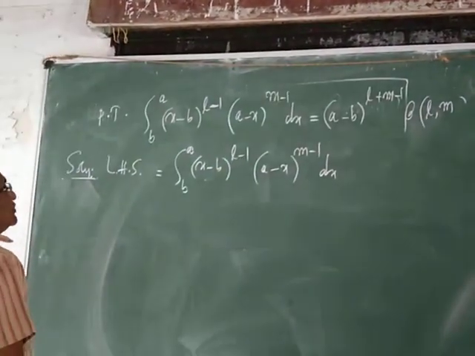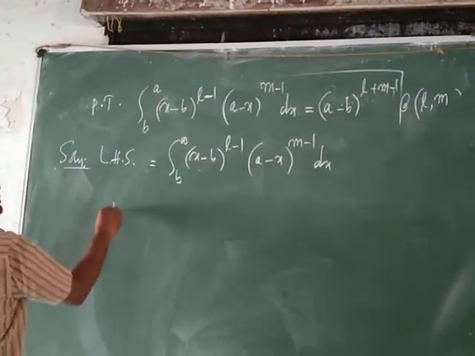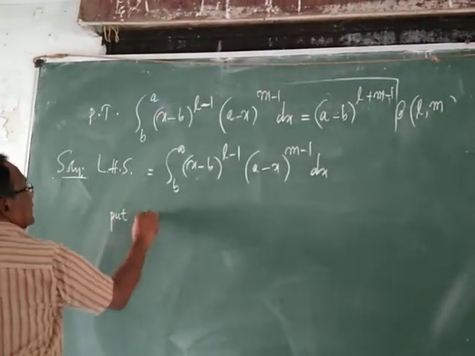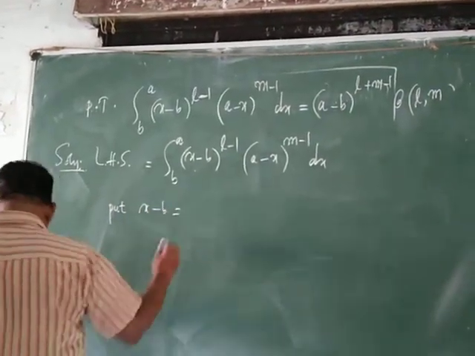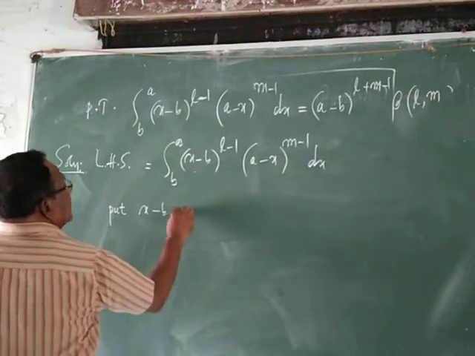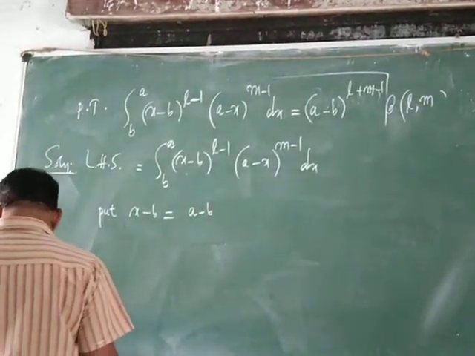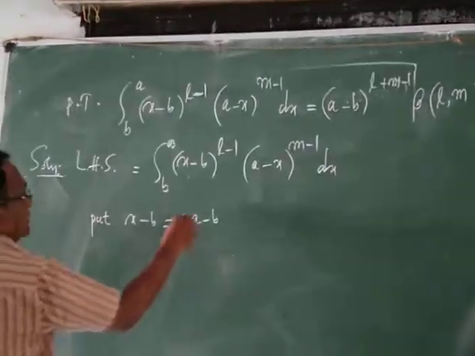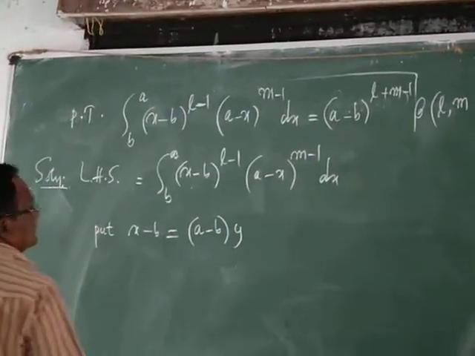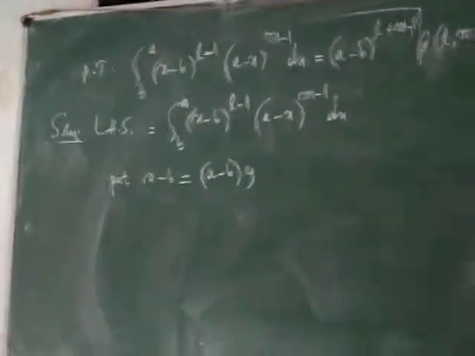Here you make use of this substitution. Put x minus b is equal to (a minus b) into y. Make use of this substitution.